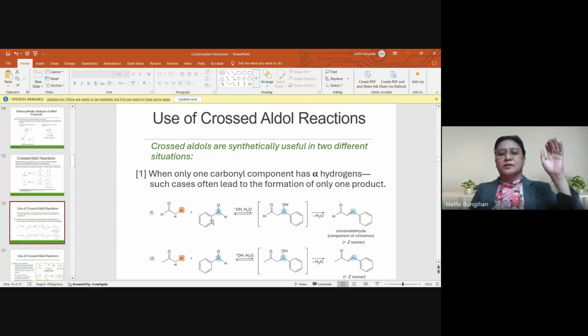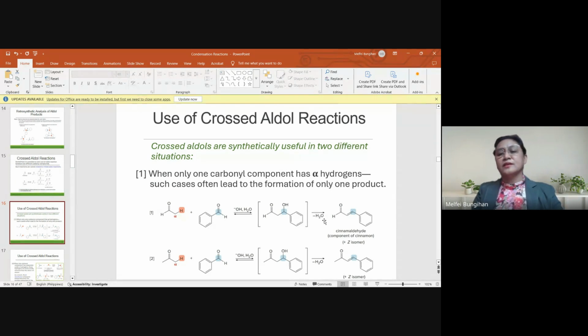So only one carbonyl compound can become an enolate, and it will attack your carbonyl, and so you will form a beta hydroxy aldehyde, which eventually can be dehydrated.